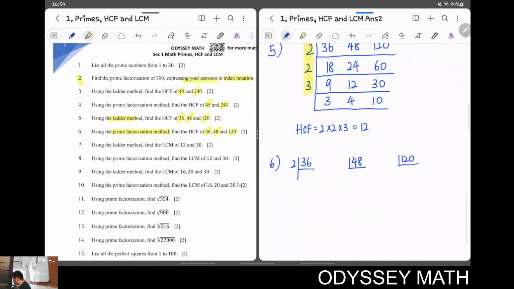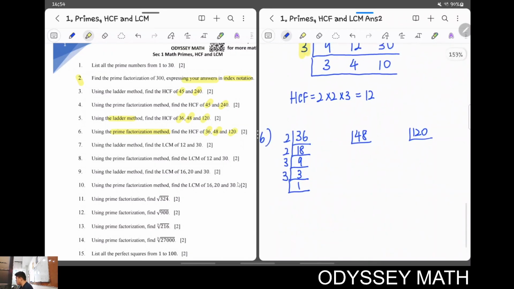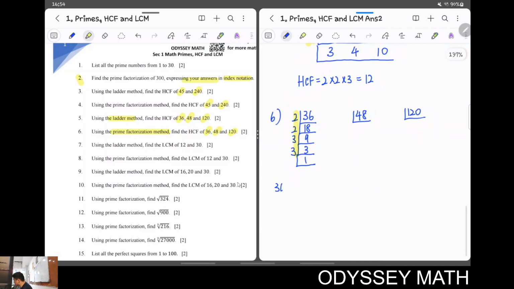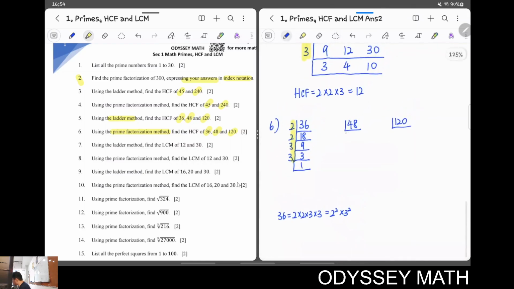I'll do it quickly because so far you should understand how to do this already, so I don't want to repeat it. Once you reach all the way until 1, you multiply all the numbers vertically over here, can? So 36 equals 2 times 2 times 3 times 3. That will be 2 to the power of 2 times 3 to the power of 2. For 48, we're going to prime factorize this.